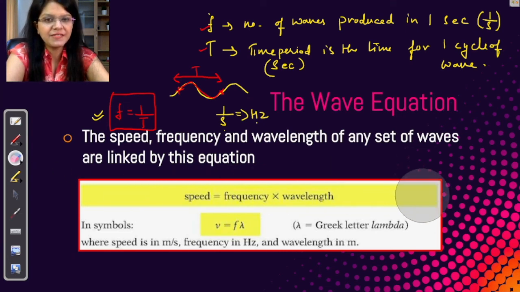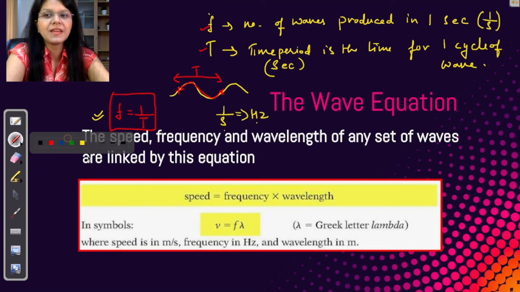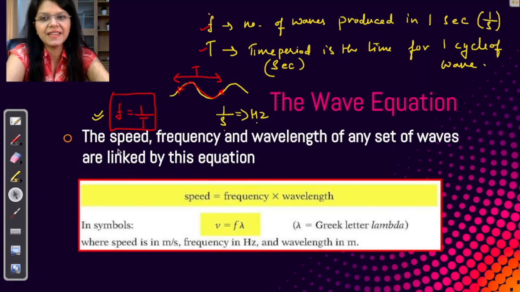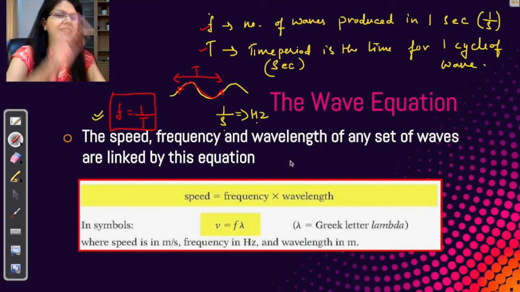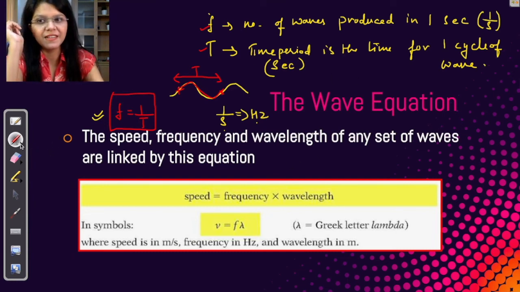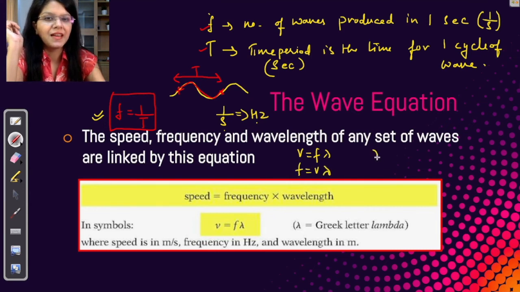This is not a difficult formula to remember. Even if you forget how these quantities are connected, it is always very simple to recall. Many times students tend to get confused in the examination if it is V is equal to F lambda or F is equal to V lambda or lambda is equal to F times V. Students get confused between these.